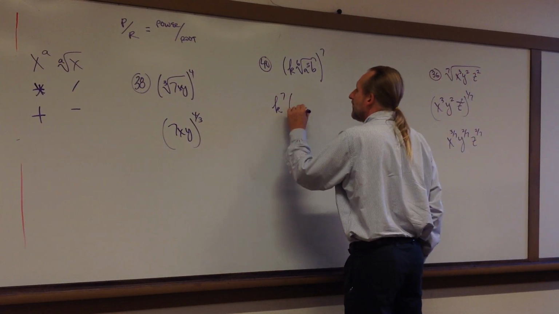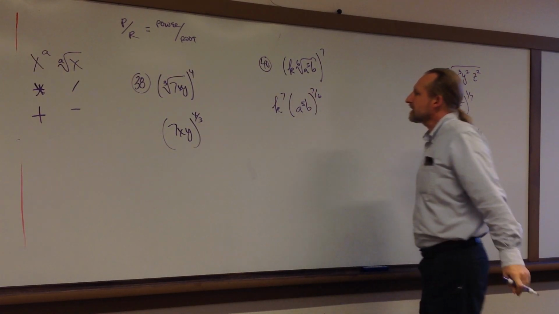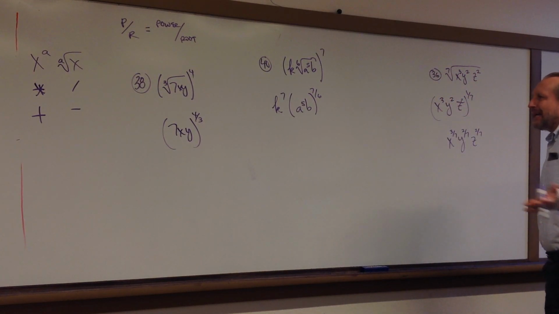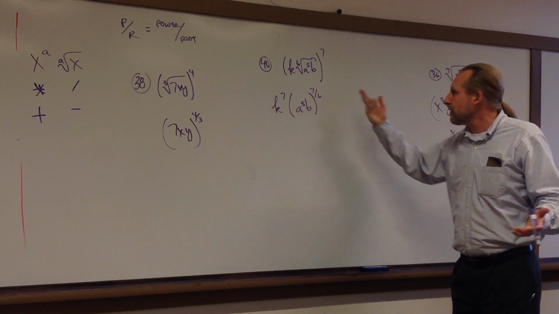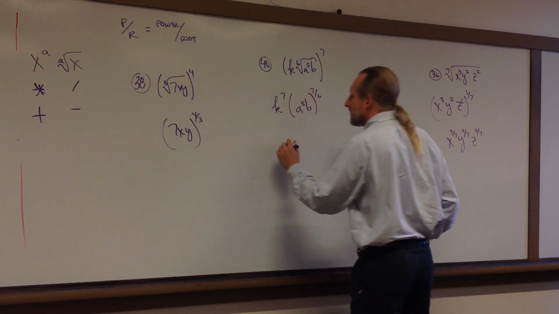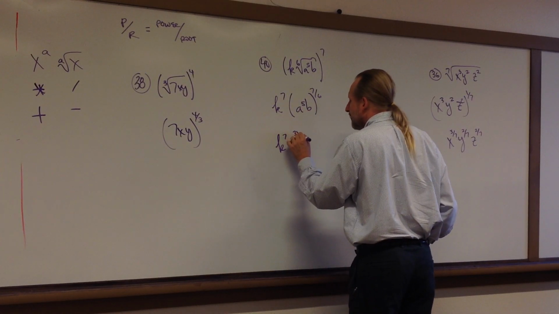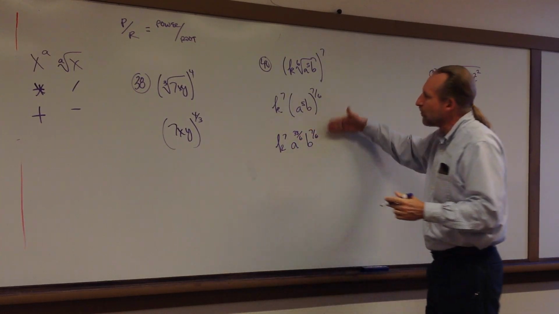And then a to the 5th b is going to be raised to the 7/6 power. And then you can apply this power inside the parentheses if you want to. You can leave it like this if you want to. Or we can call this a to the 35/6, b to the 7/6. Either one of these is fine.